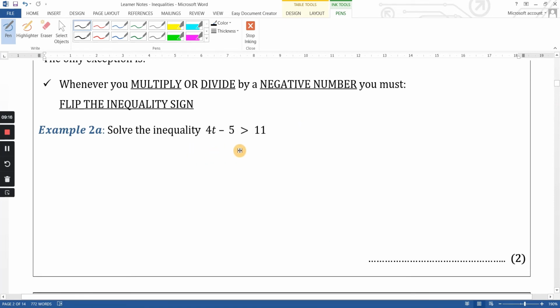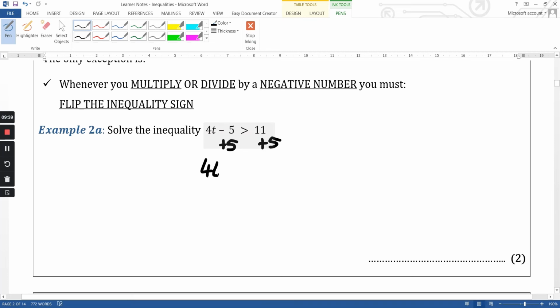Solve the inequality. 4t minus 5 is greater than 11. So we need t on its own on one side, the same inequality sign ideally, and a number on the other side. Let's keep the 4t there. Let's get rid of the minus 5. So I'll have to plus 5 here, plus 5 here as well.